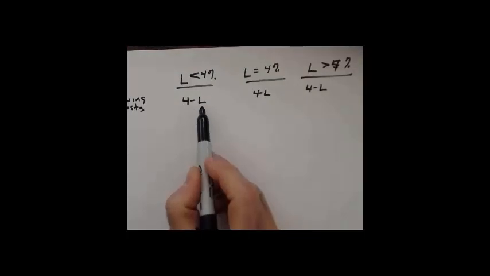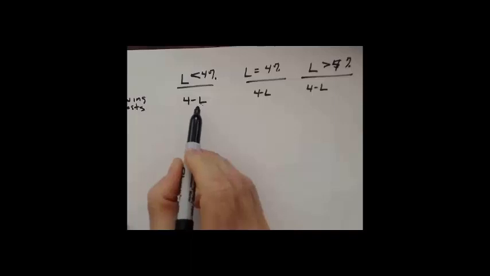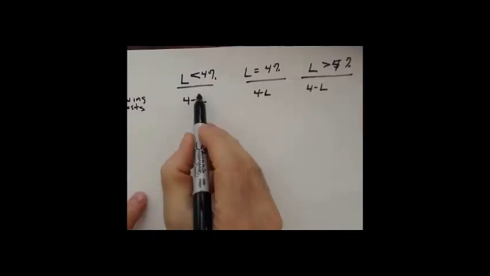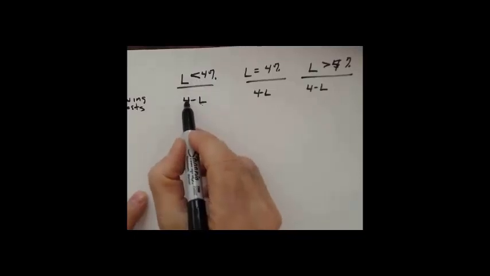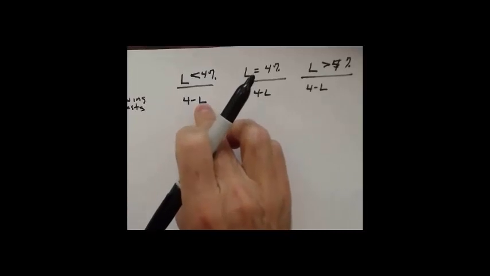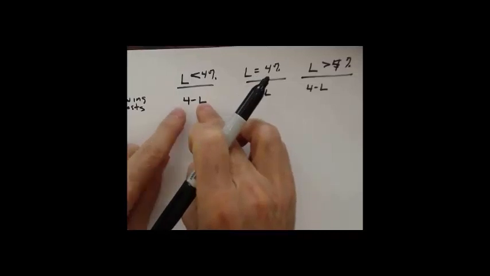Regardless of what happens, we're borrowing at LIBOR, so we're paying LIBOR, that's what the minus L is, but we're doing it relative to 4%. So when L is less than 4%, your borrowing costs relative to 4% are on the positive side, meaning it didn't cost us 4%, it's going to cost us a little less, so we gain relative to 4%.